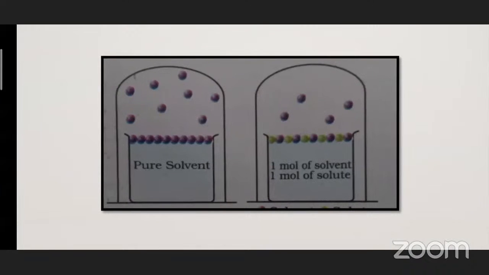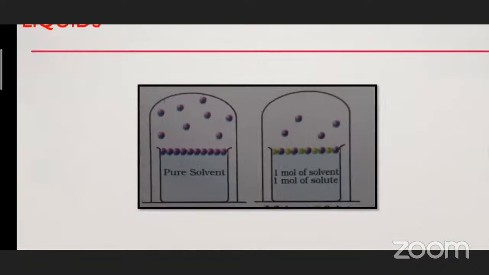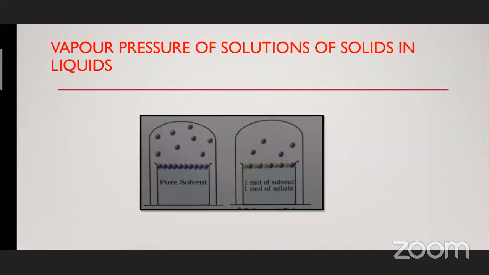Whereas in the solution, the surface is occupied by both solute particles and solvent particles, so there is less chance for the solvent particles to go into the vapor phase. This is what happens when the solution is formed using a non-volatile solute.